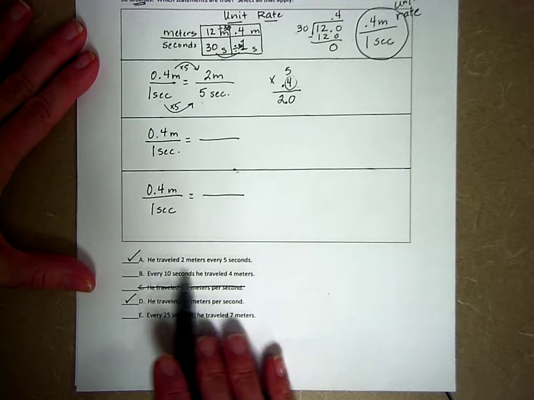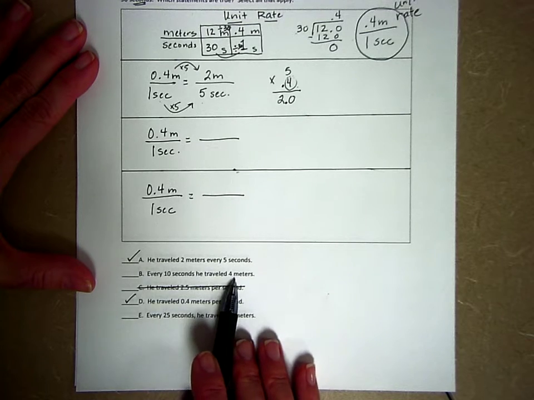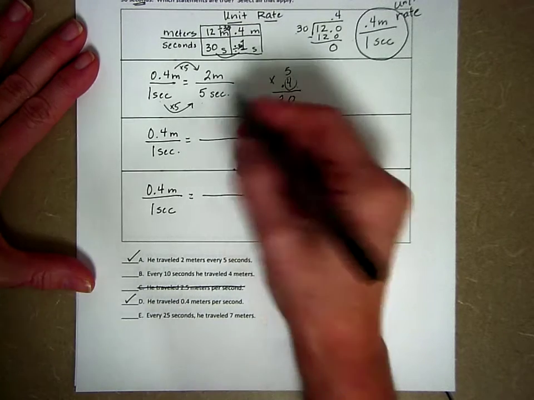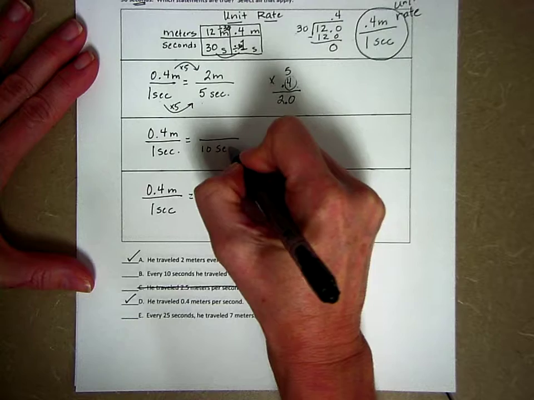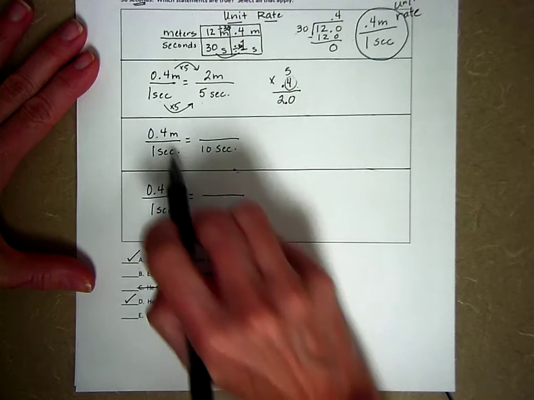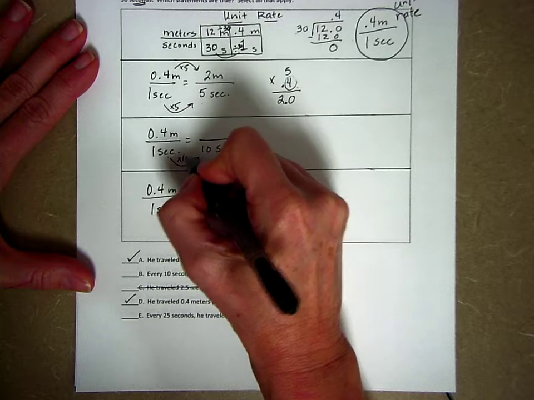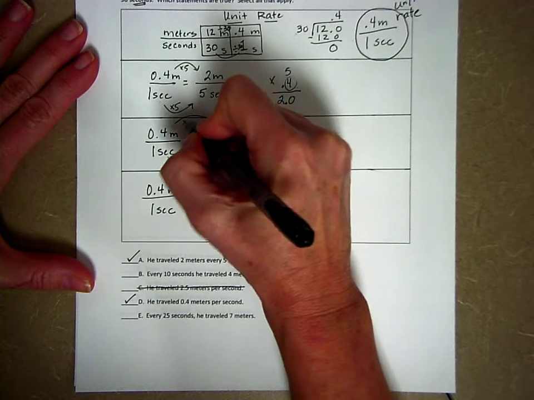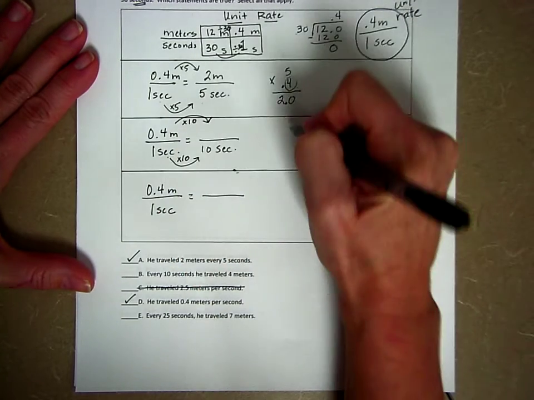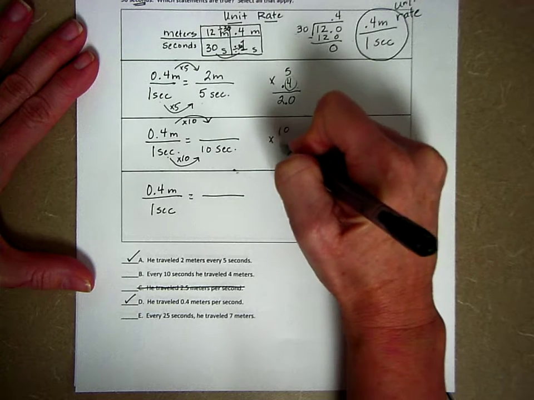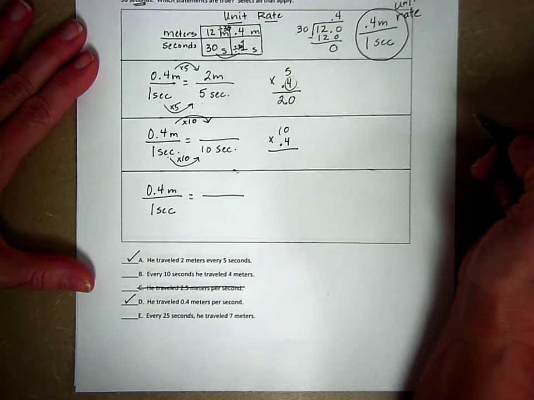Next one, every 10 seconds he traveled 4 meters. Okay, so 10 seconds is what I'm going to put down here. Well, what did I do to 1 to get 10? Multiply by 10. So I'm going to see if this is a true statement by multiplying it out. So 10 times 0.4.